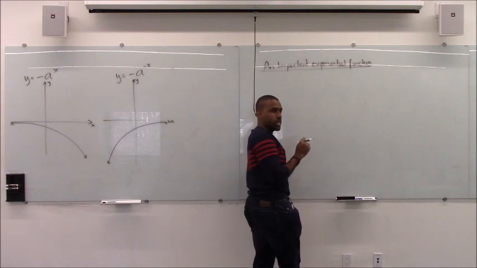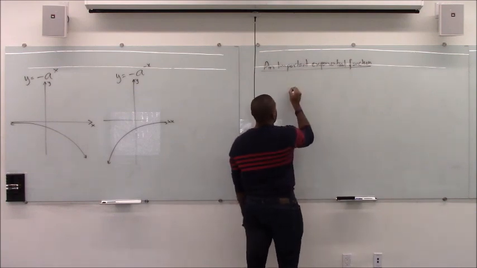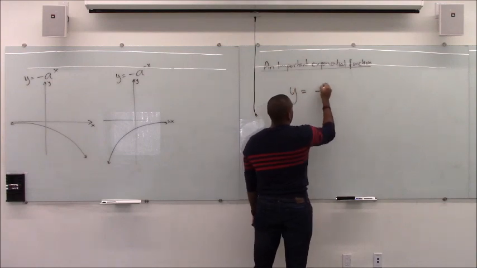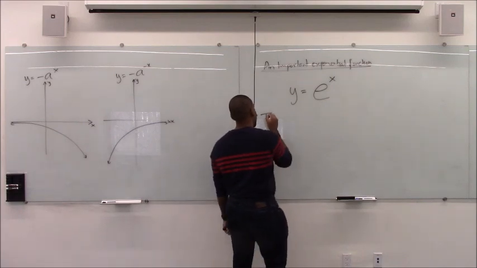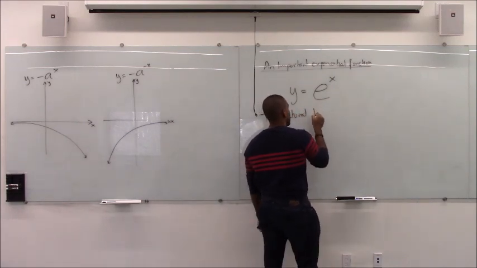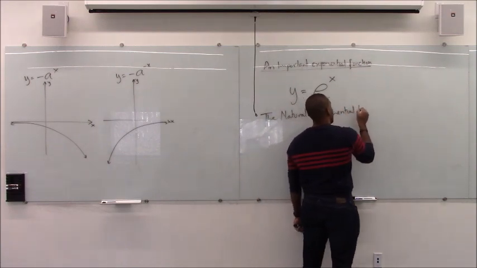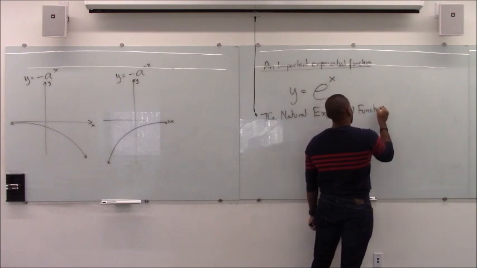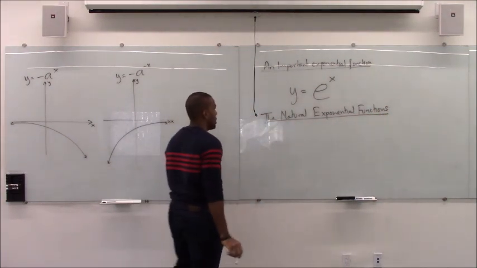An exponential function that kind of stands out from the others. It's the function that we call e to the x. This is called the natural exponential function. We're going to be using this guy all the time. Very important, has a lot of applications, and as far as calculus is concerned, it's indispensable.